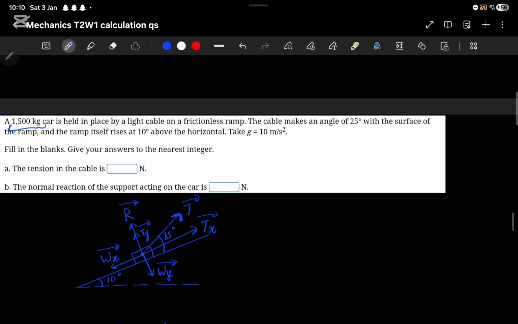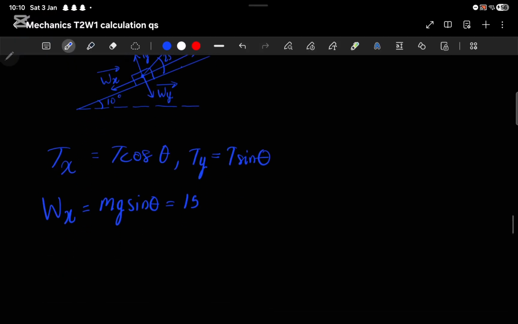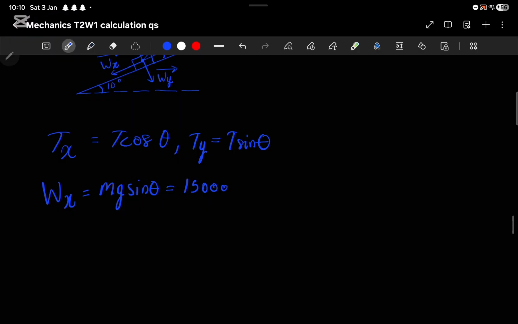g is 10. So 15,000 sine 10 degrees. This is equal to 15,000 sine 10, 2604.7. Alright, now Wy, same process, but you're changing sine to cosine.